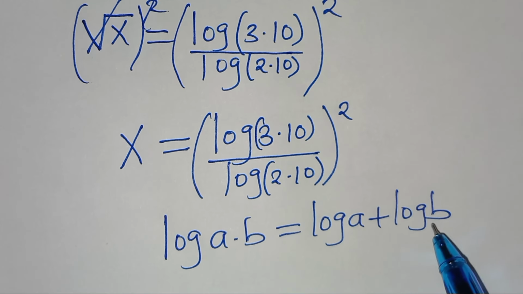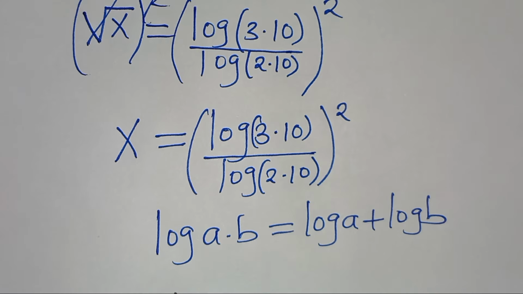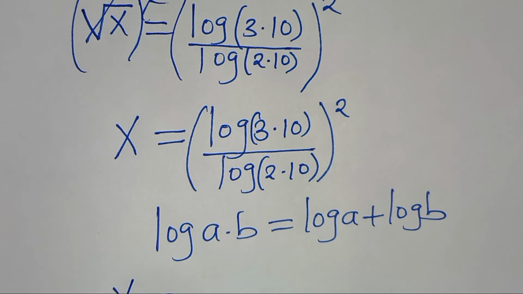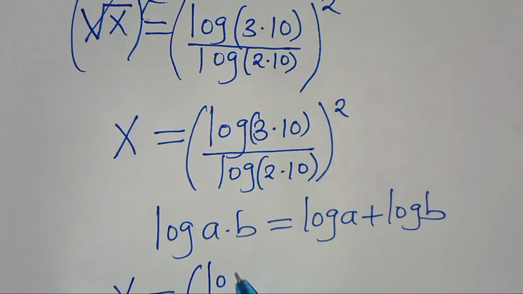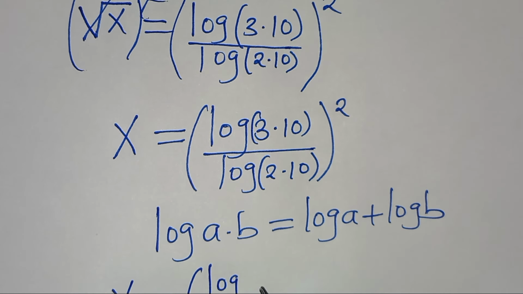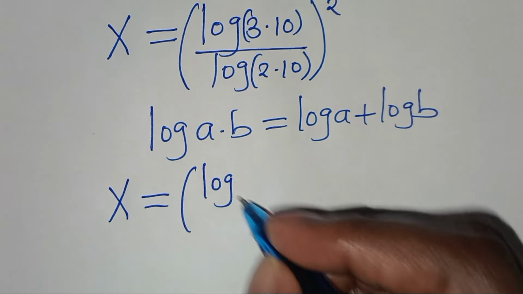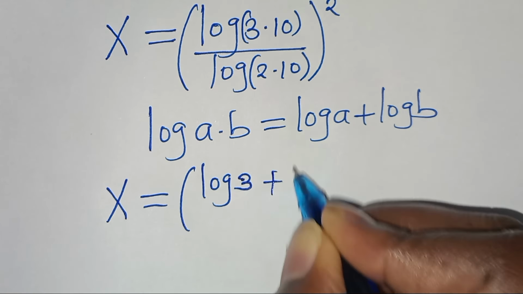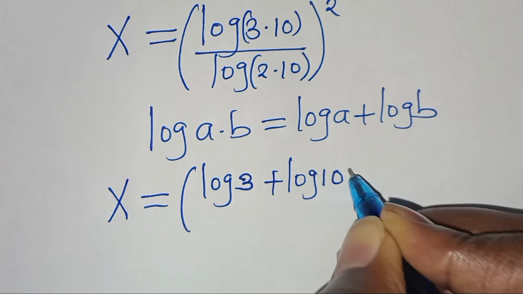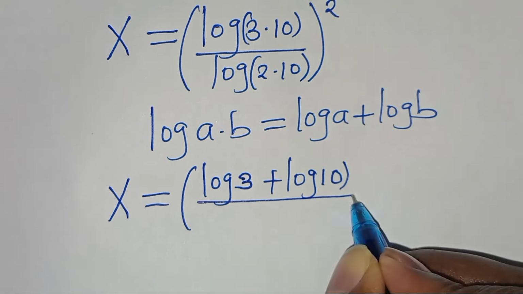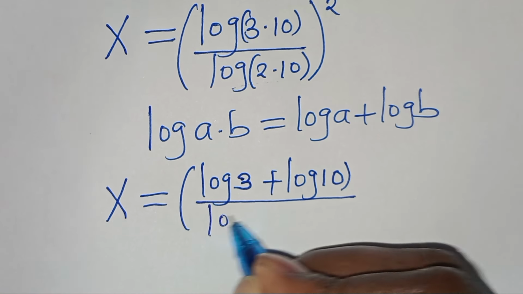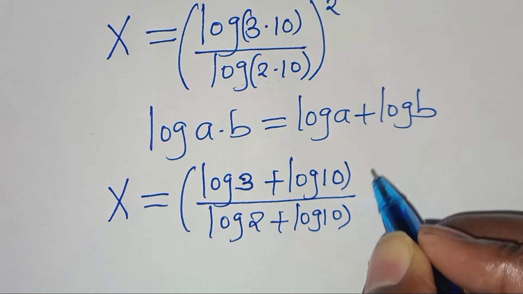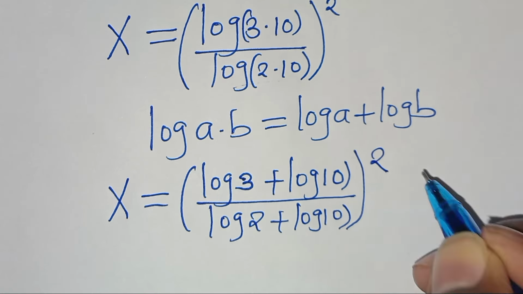Applying this logarithm property, we have x equal to log 3 plus log 10, divided by log 2 plus log 10, everything raised to the power of 2.